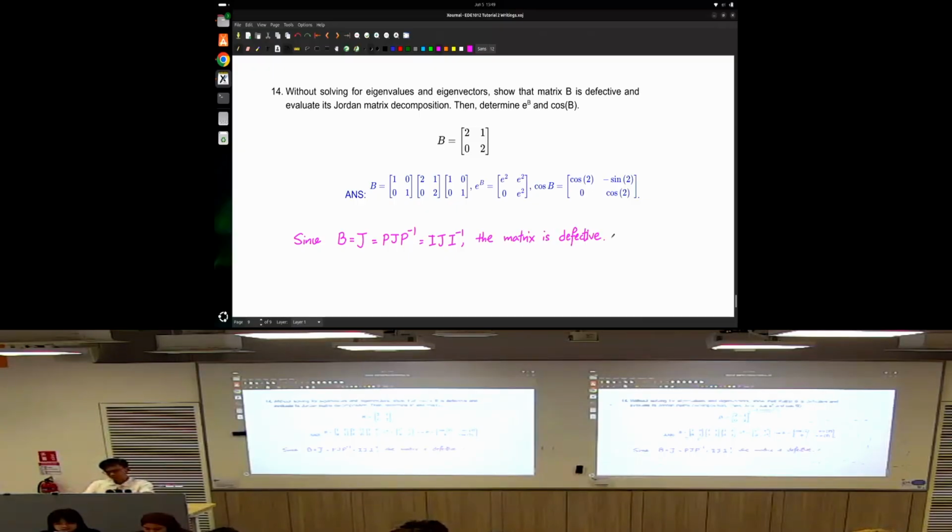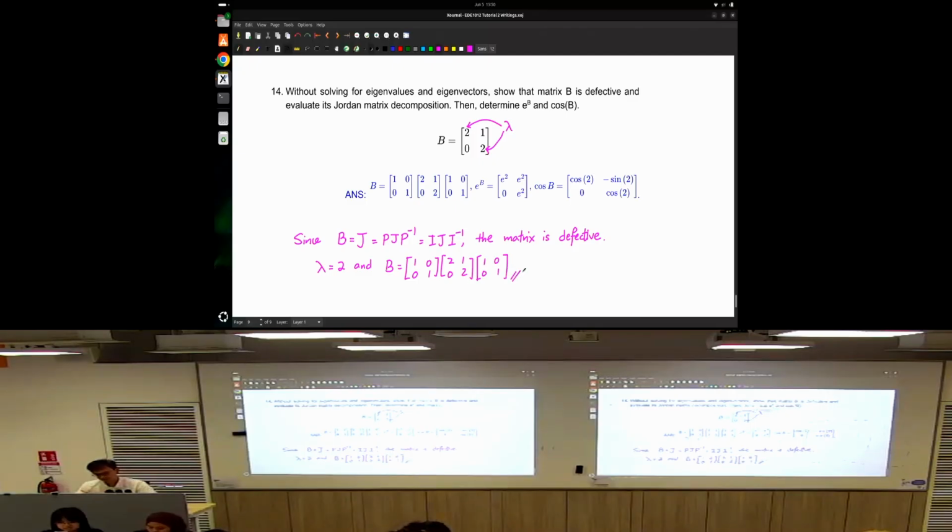So you can immediately recognize the eigenvalues. The eigenvalues will be 2, because it will always be lambda, lambda on the diagonal. So lambda equals 2 and B must be equivalent to the identity times the J matrix, which is B itself, times the identity inverse, which is still identity.